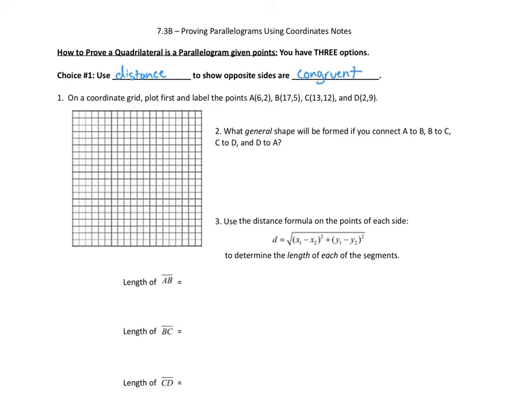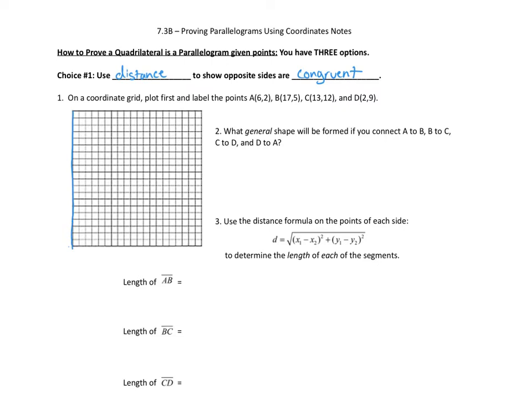Okay, so let's first graph this. We have A is (6, 2), B is (17, 5). All of these are positive numbers, so I'm going to use my XY axis along this side right here.